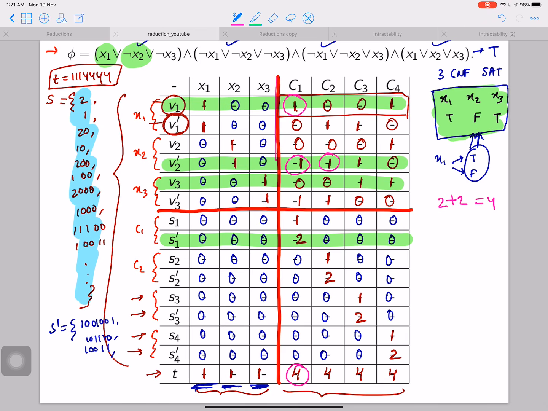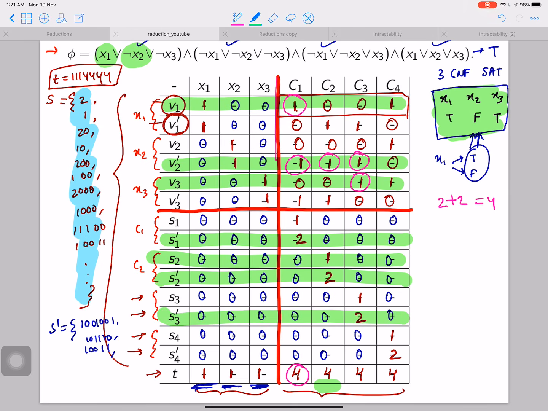So we would need both the helper variables to make it 4. Now let us see C3, and we notice that C3 is satisfied by x2 being false and x3 being true, and that gives it 2. So we need to use only one helper variable to make it 4.